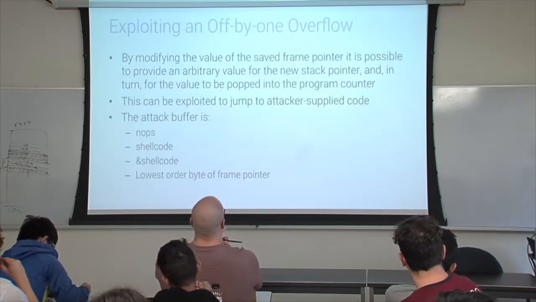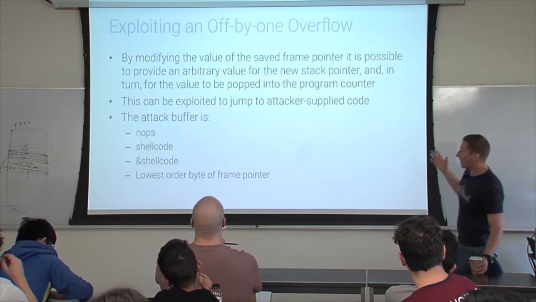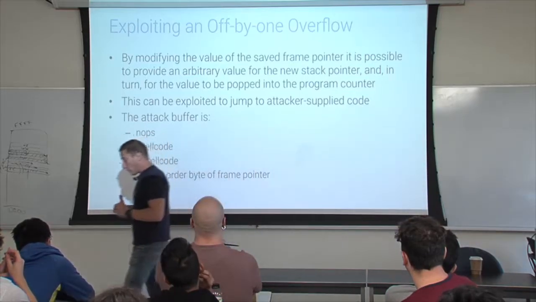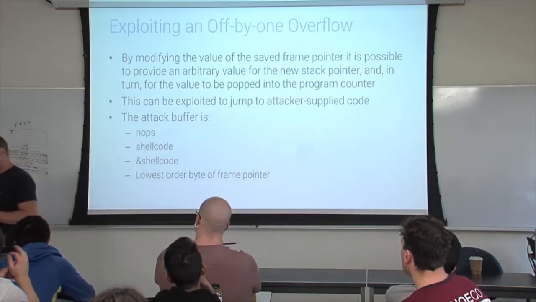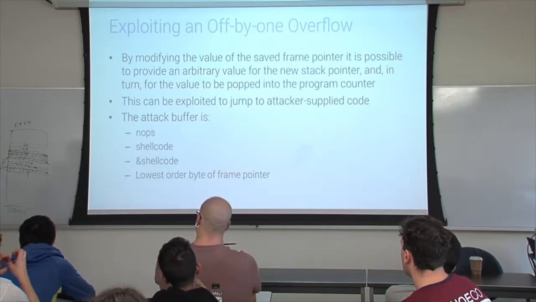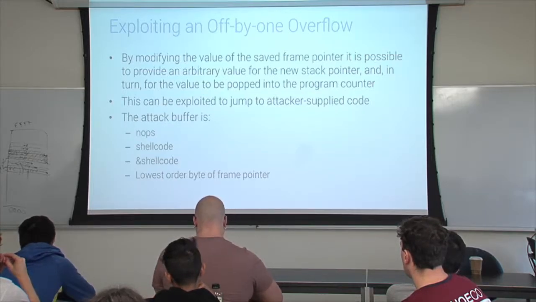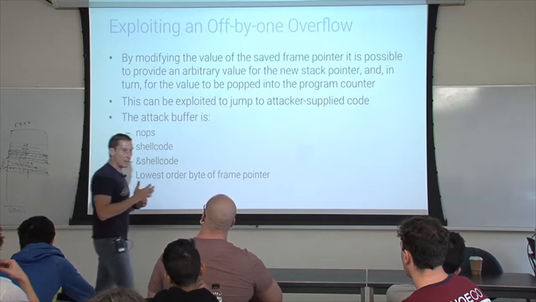The interesting thing of exploiting this off by 1 is that you have to first cause the overflow, have one epilogue, function epilogue, in which you do the move ESP, EBP, pop EBP, ret.